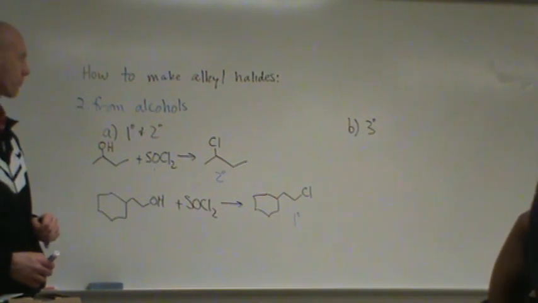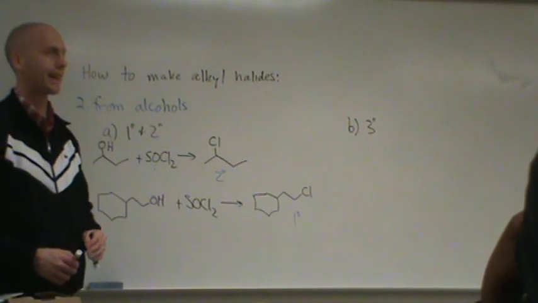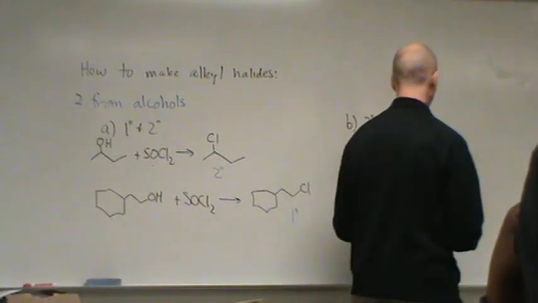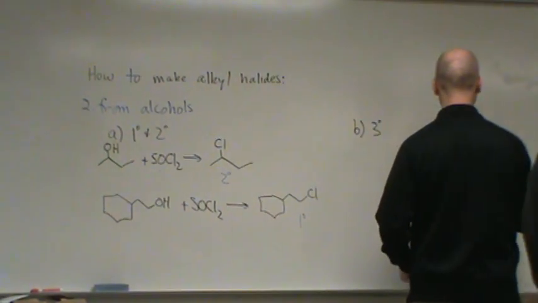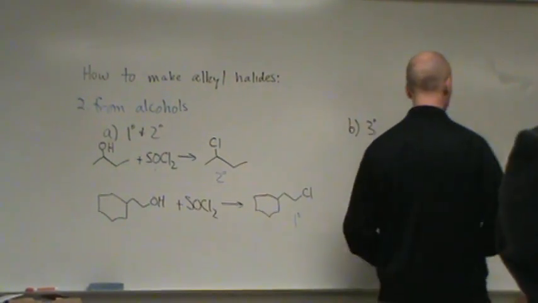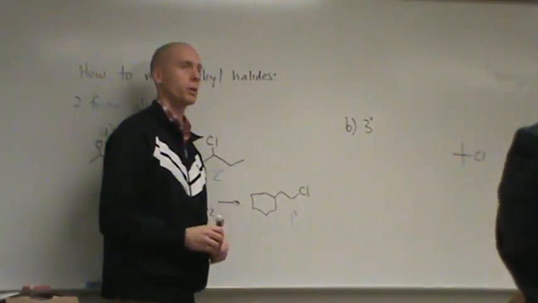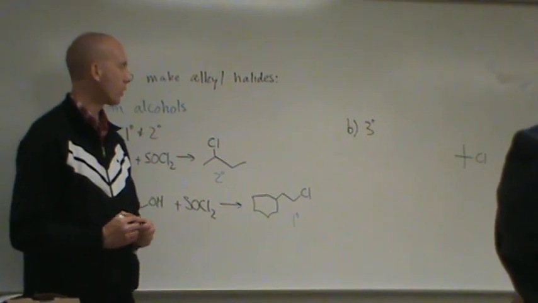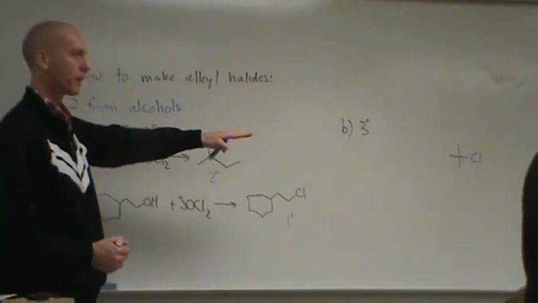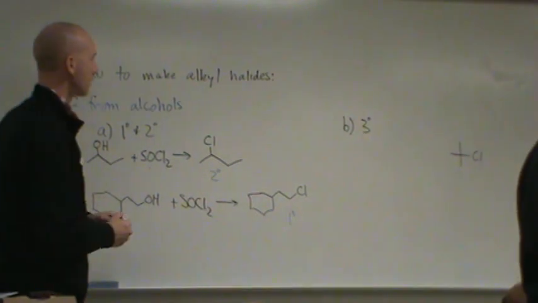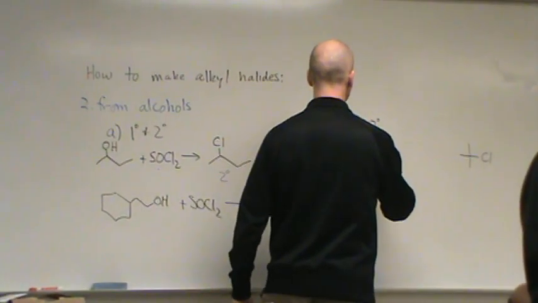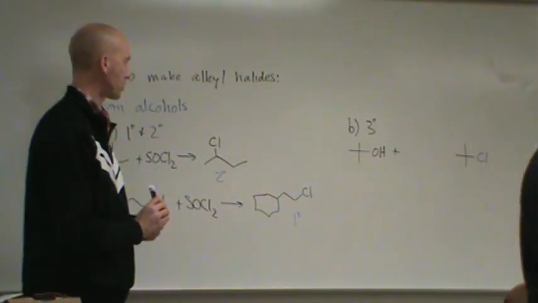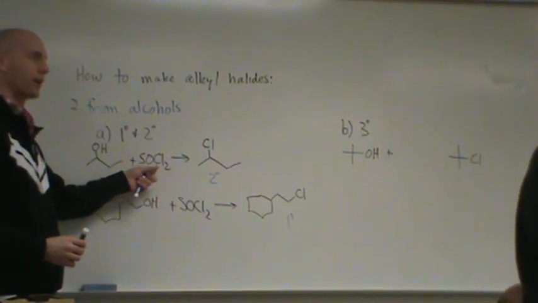If it was tertiary, I can't use SOCl2. For example, suppose I wanted to make this T-butyl chloride, which is tertiary this time, isn't it? Well, I would start with the corresponding alcohol, but I would use a different reagent here.